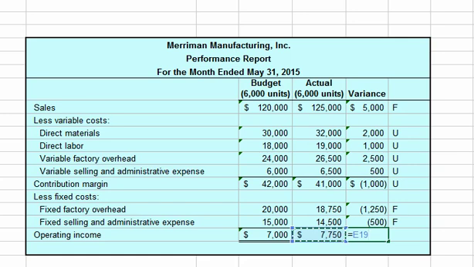Actual minus budget is $750. Well, is it favorable or unfavorable? I hope by now you can tell me. Our operating income was $7,750. We expected it to be $7,000. Income was more than we thought it would be. It's definitely favorable.